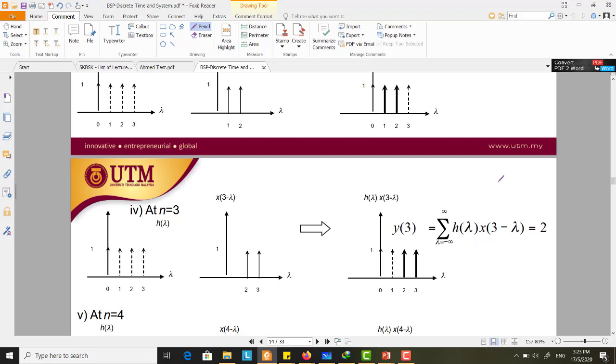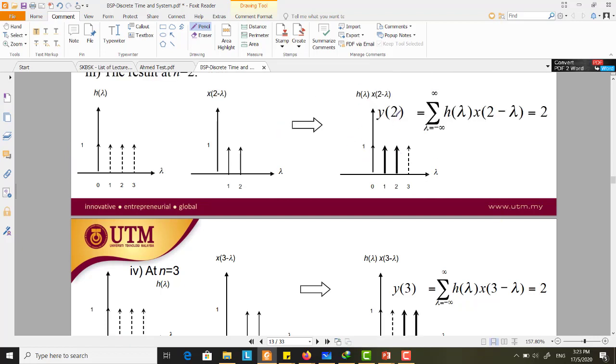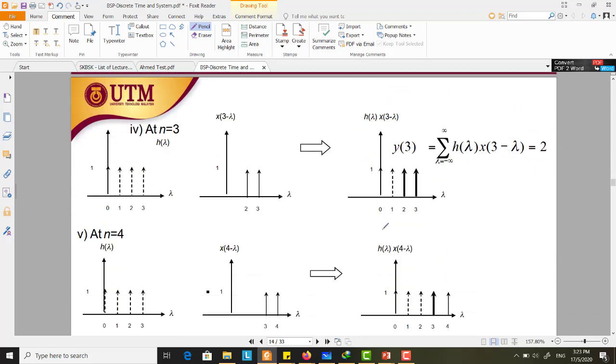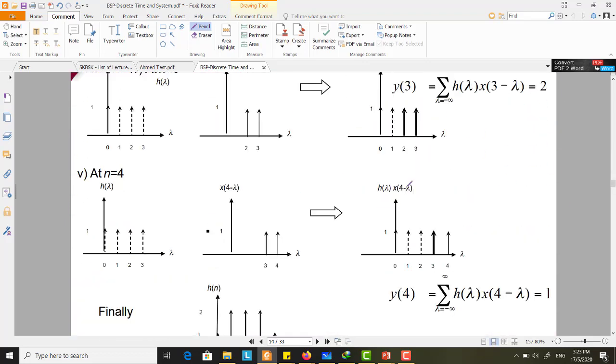You don't have to process up until infinity, because it is common sense that when you shift or translate the xn towards infinity, you will get y infinity equal to 0. So that's why we only process the indices where the value exists.